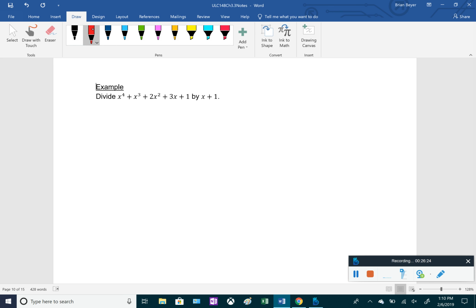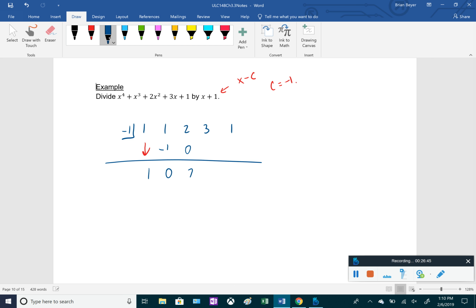But first, real quick, recognize that this is x minus c, and our c is negative 1. So we're going to box in that negative 1, and then we write out these coefficients: 1, 1, 2, 3, and 1. Bring down the first one, multiply, add, multiply, add, multiply, add, multiply, add.